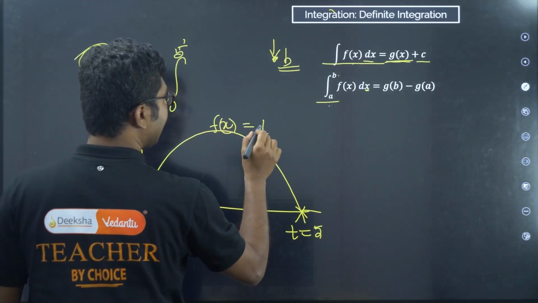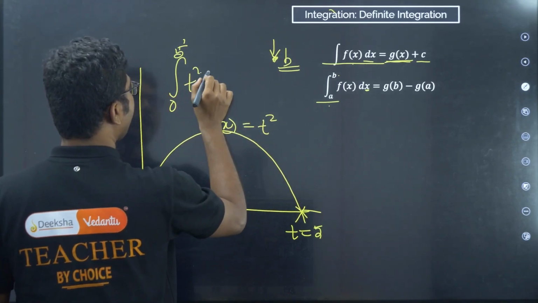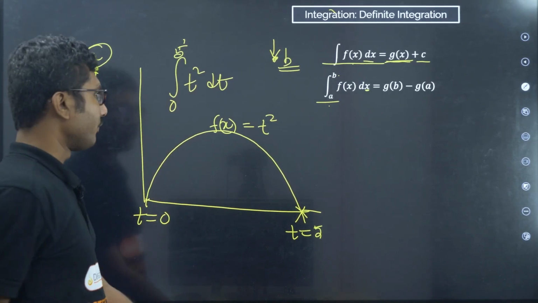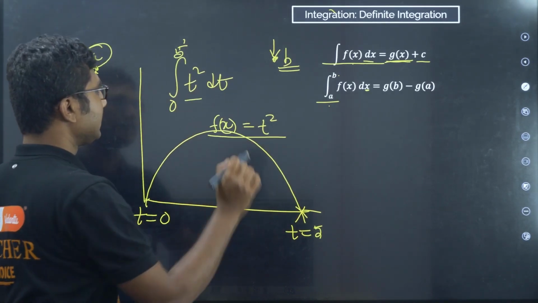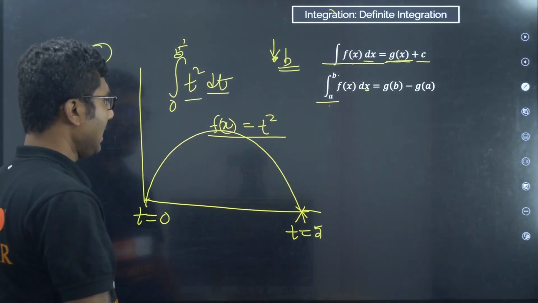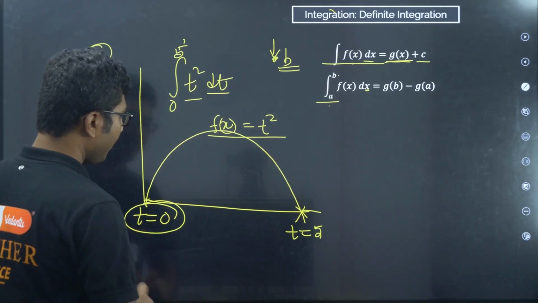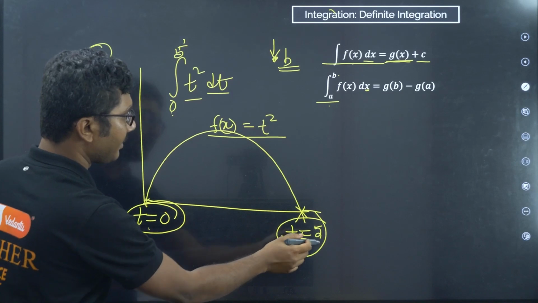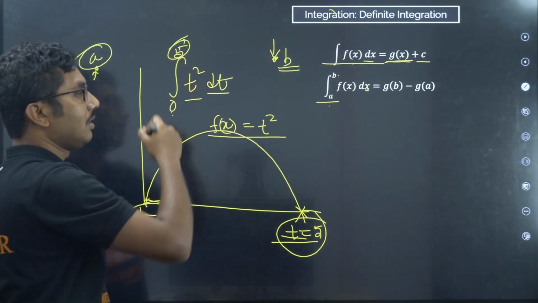Okay, this f(x) is, say, t square, so it will be t square dt. Okay, this is how we write. So the function is given with dt, and lower limit, upper limit. This is called the lower limit, the starting point, and the upper limit is the final position.